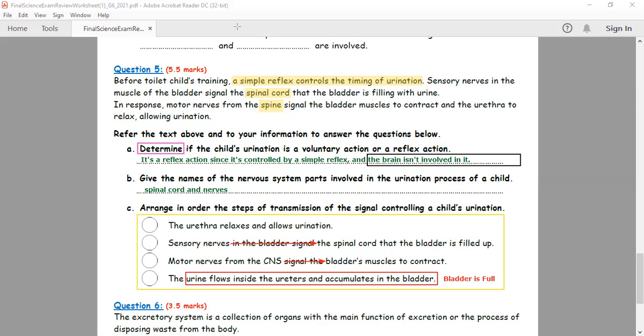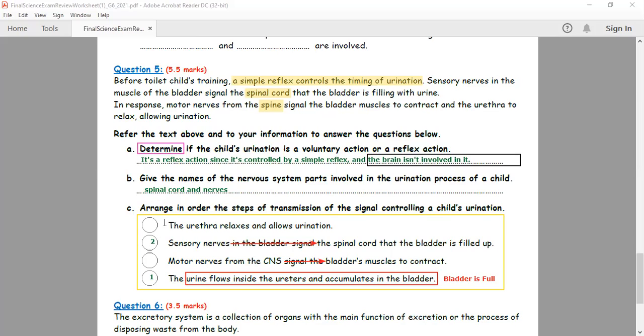Which one is the first one? The urine flows inside the ureters and accumulates in the bladder, so this is number one. The bladder must be full. Second, what happens? The sensory nerves in the bladder signal the spinal cord that the bladder is filled up.